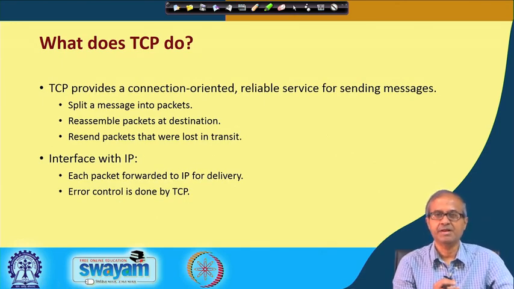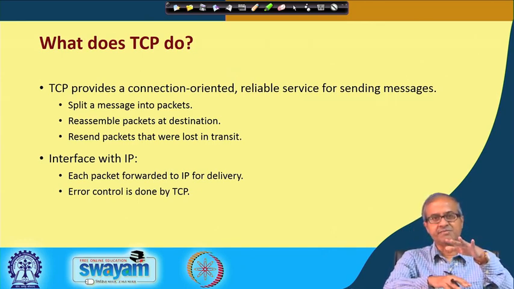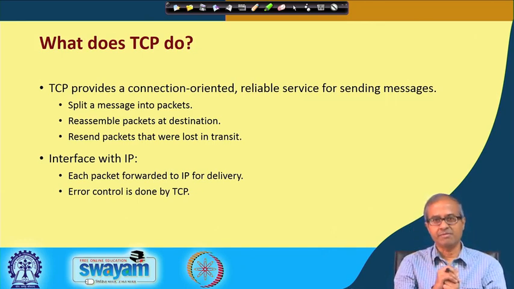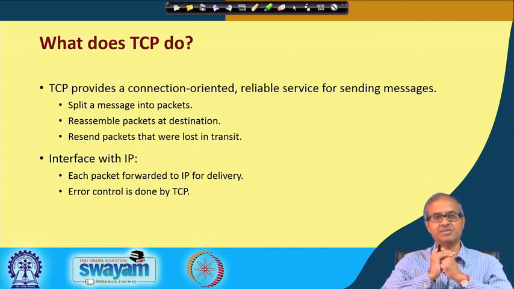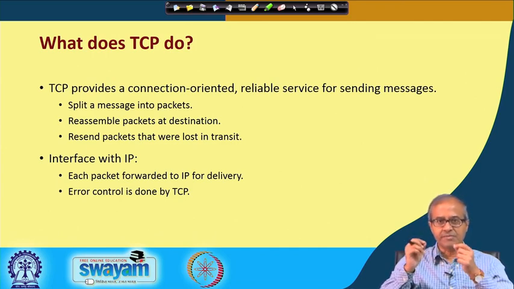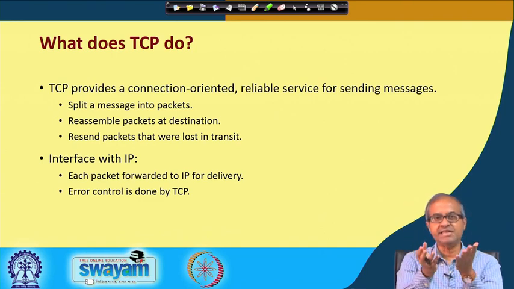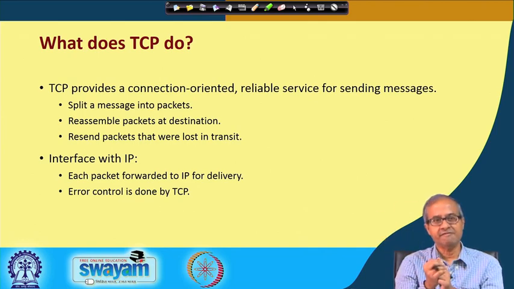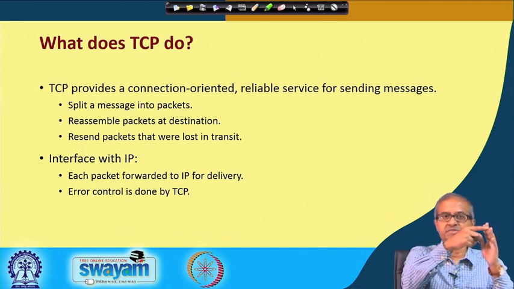TCP understands that the IP below it is not reliable. TCP tries to make the network connection reliable by taking some additional responsibility. How? TCP will explicitly check whether the data being sent is correctly received at the final destination, because the destination will send back an acknowledgement.